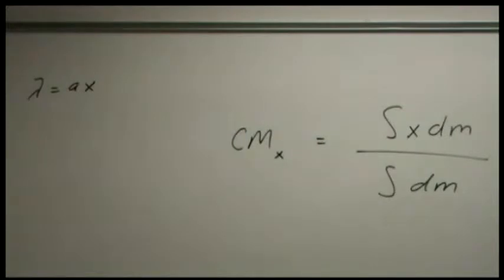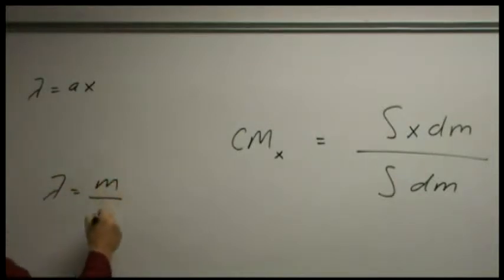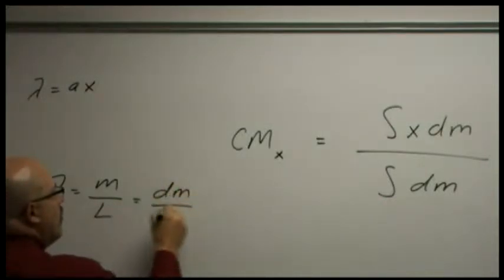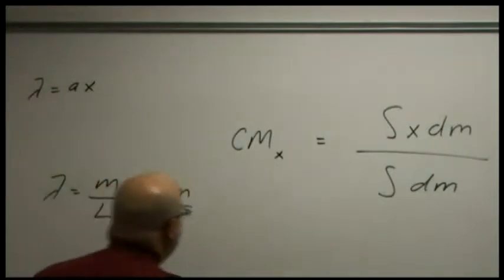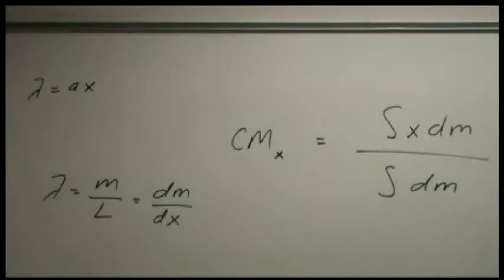So how do we do that? Lambda equals m over L, dm over dx, and for us, that's x. Very good. So what do I do with that? Solve for dm.